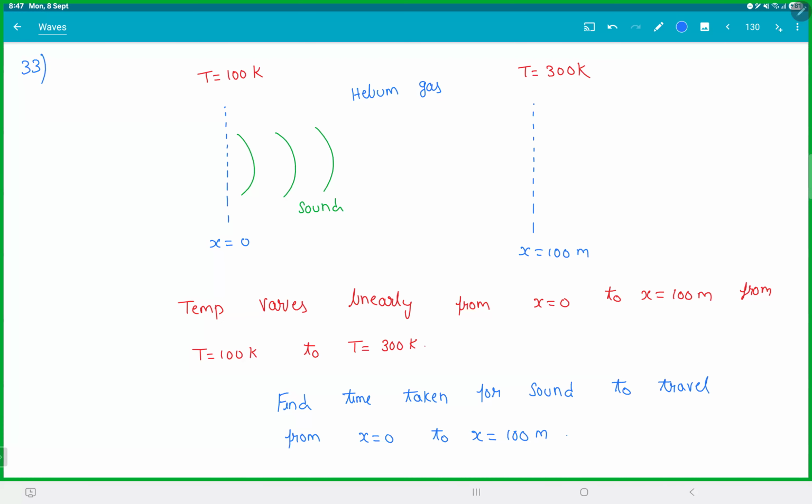What's the first thing? Temperature varies linearly. Can you find the relation between T and X? Start from there.